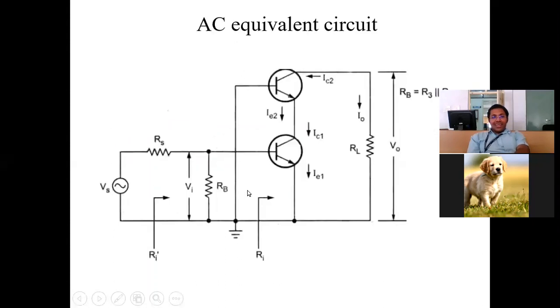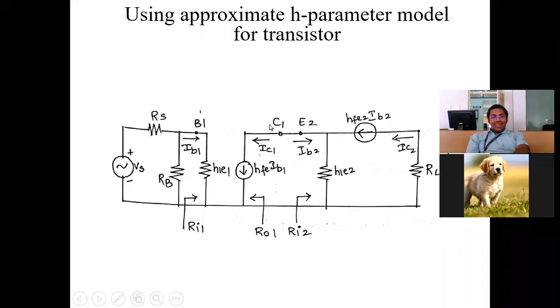Next, this is the first transistor. This is the collector. The collector of the first transistor, C1, is directly connected to the emitter of the second transistor.